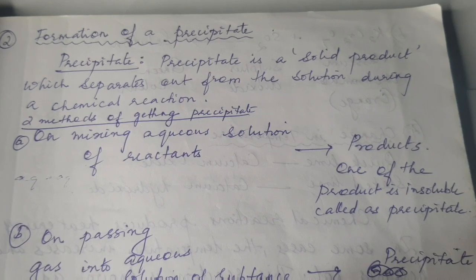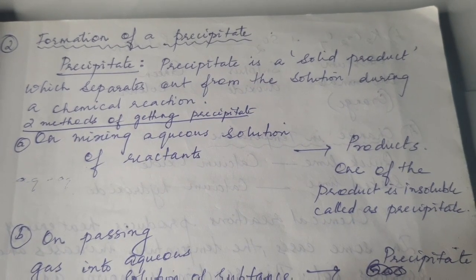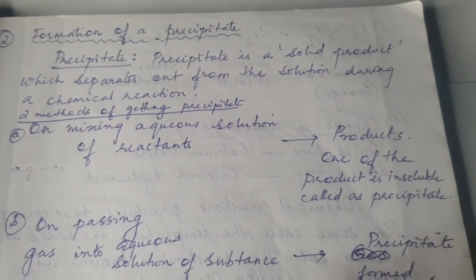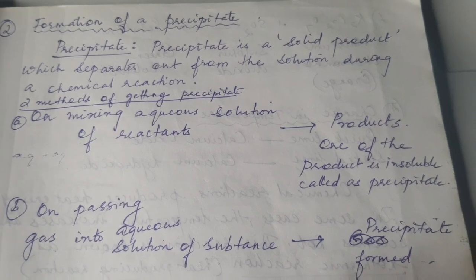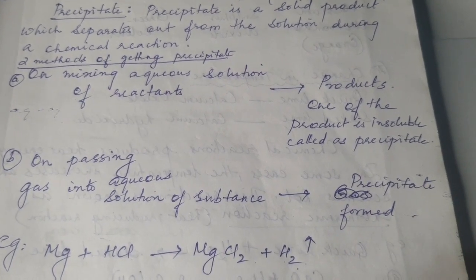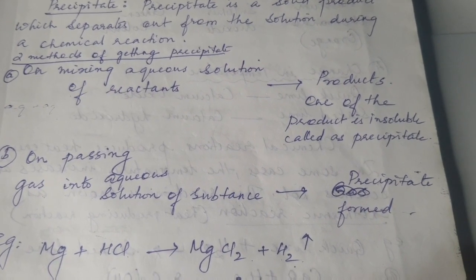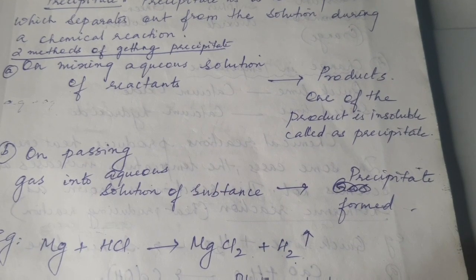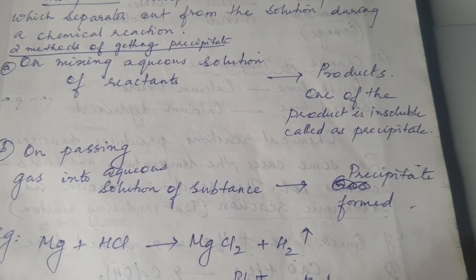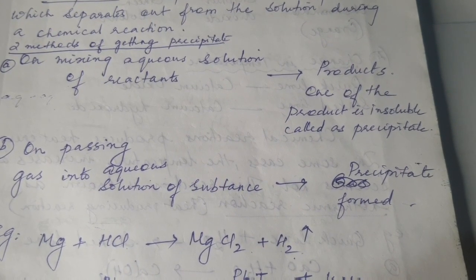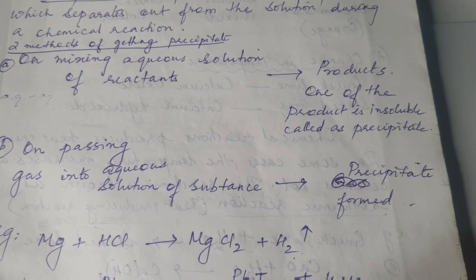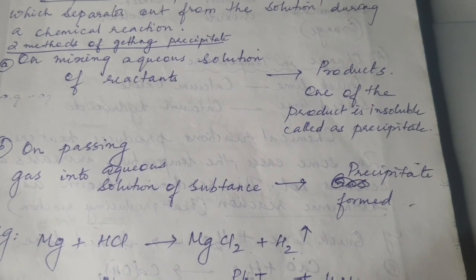There are 2 ways. Number 1 is by mixing aqueous solutions of reactants. In that case, the products are formed, and one of the products is insoluble, and that you call a precipitate. And the second way is on passing gas into an aqueous solution of a substance. In that case also you will get a precipitate.